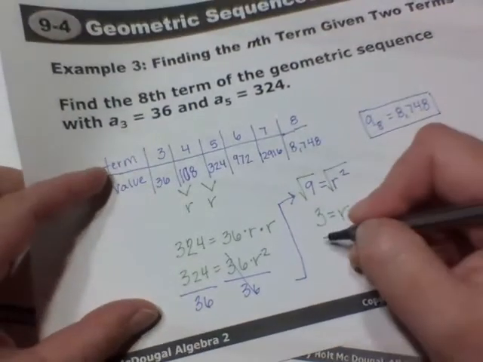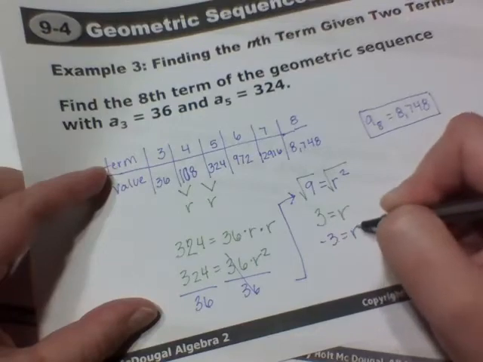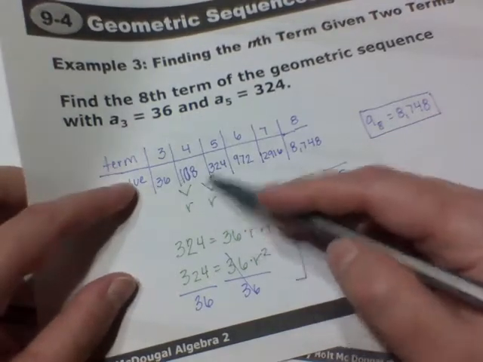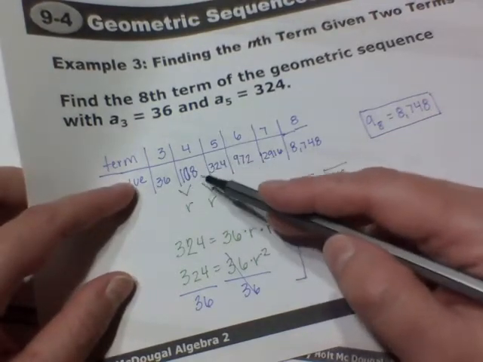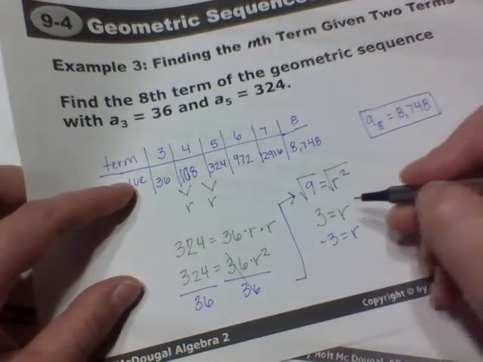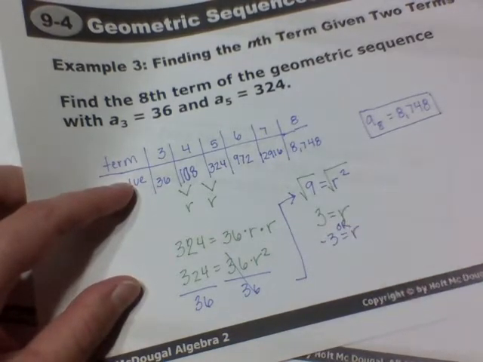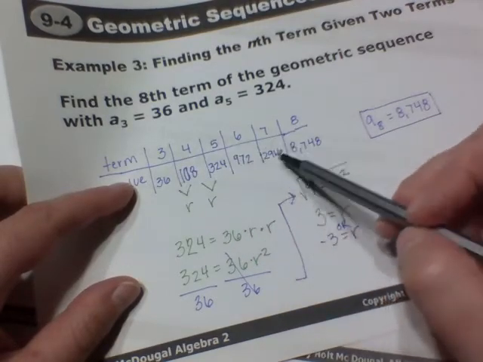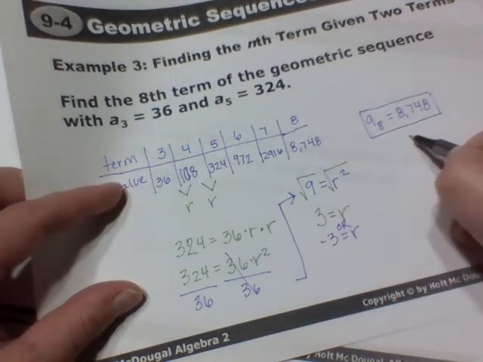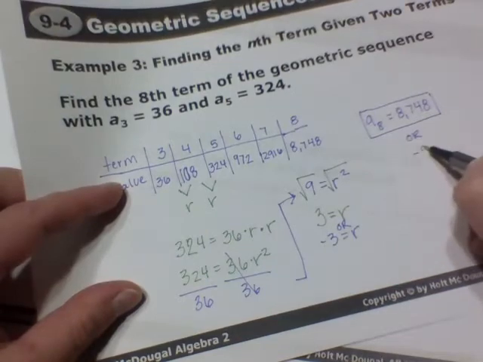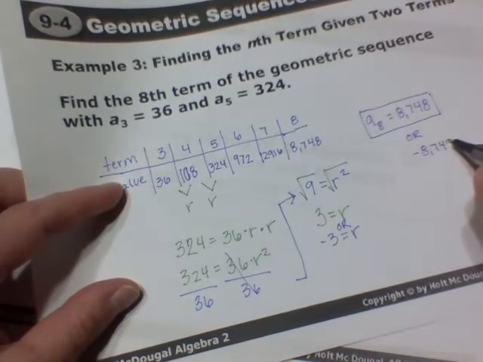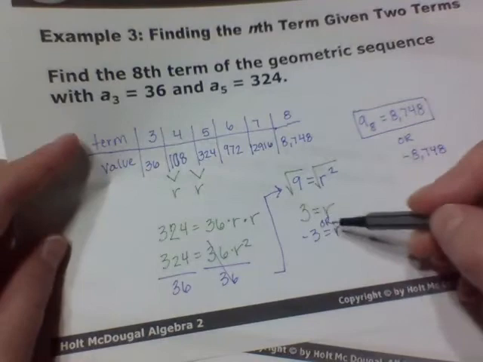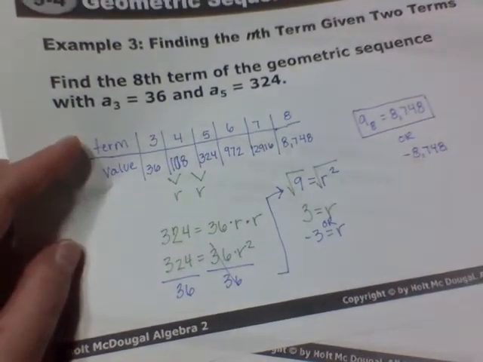So we could also have -3 equal r, because there is no indication that this term here is positive or negative. And so we could have positive, negative, positive, negative, positive, negative. So we could also have negative 8,748. It all just depends on if r is actually -3 or not.